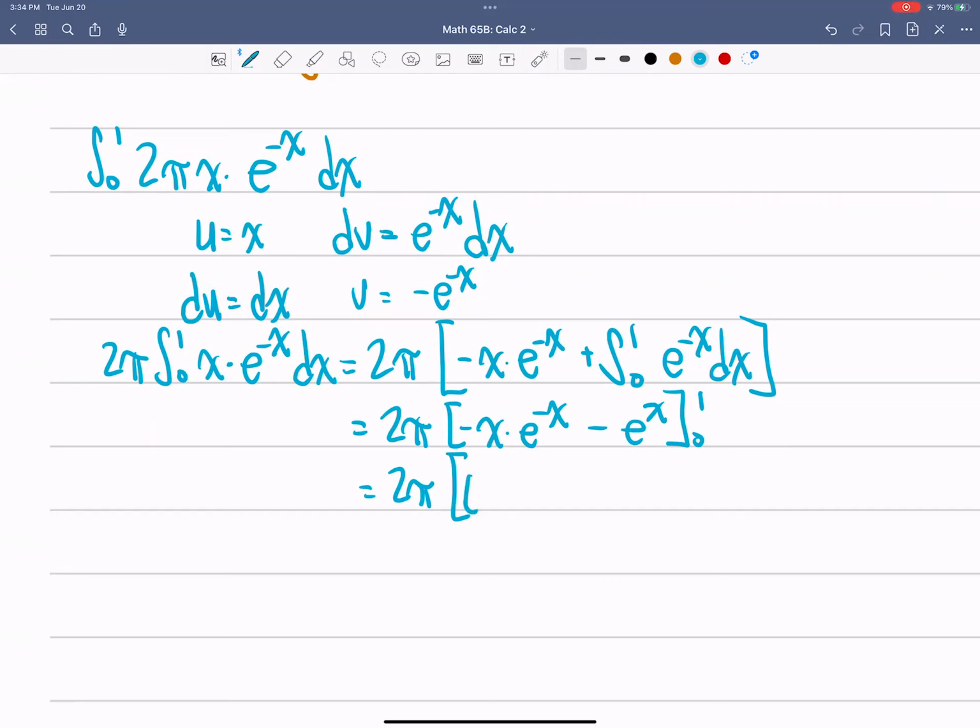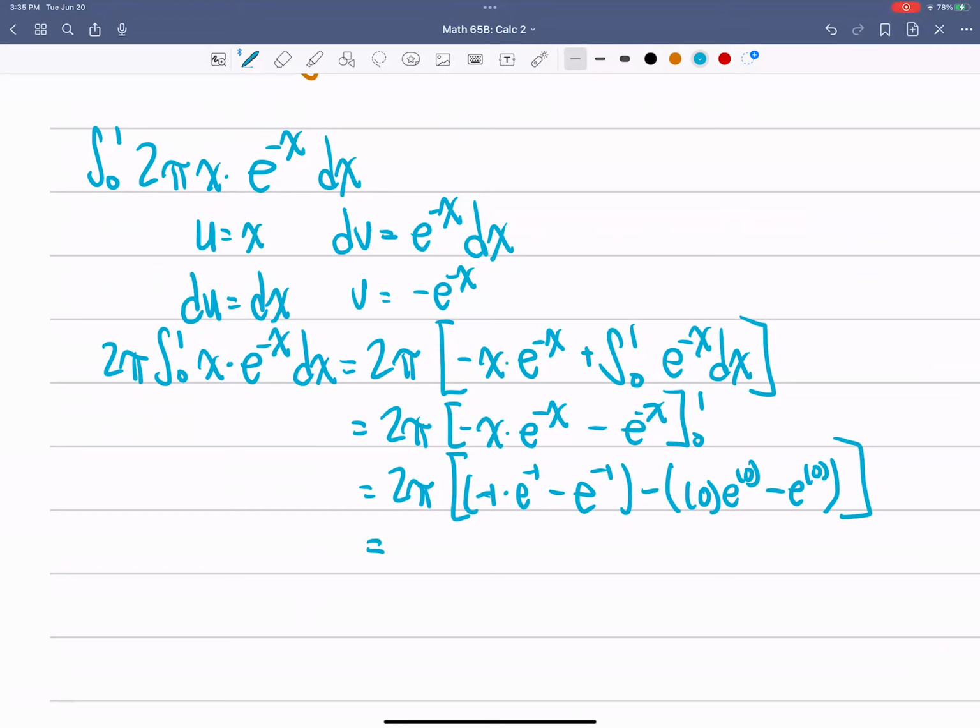So we have negative 1 times e to the negative 1 minus e to the, that should be negative 1, minus 0 times e to the 0 minus e to the 0.